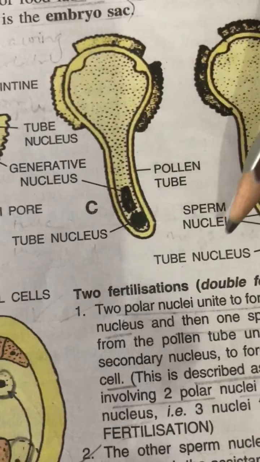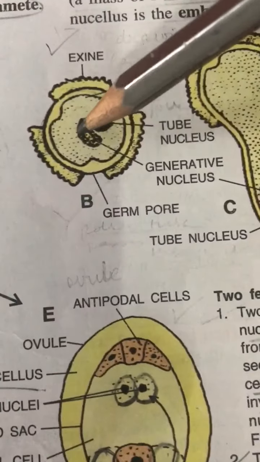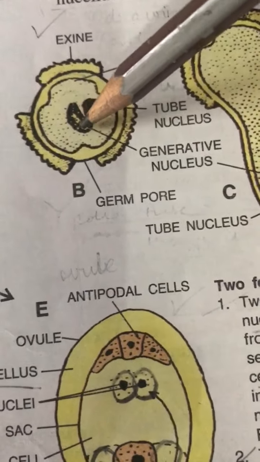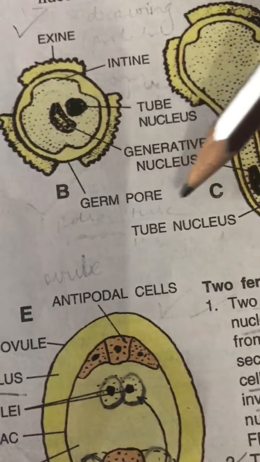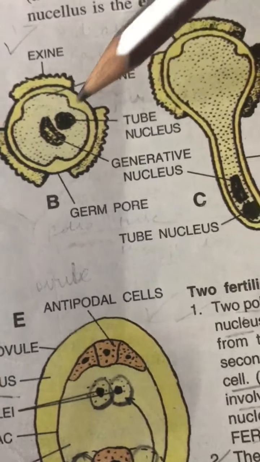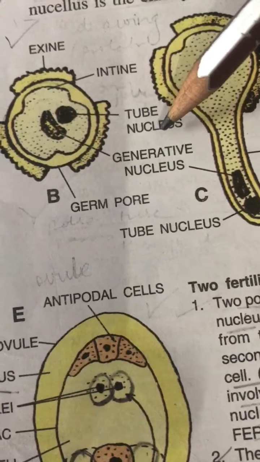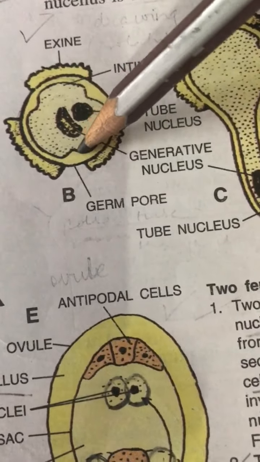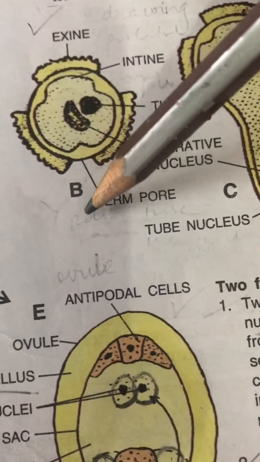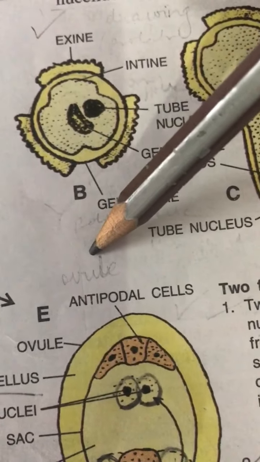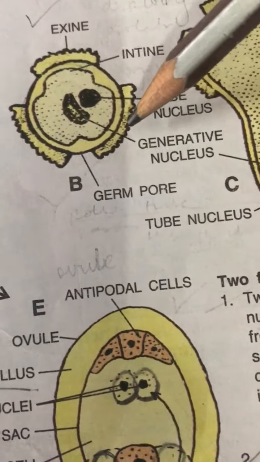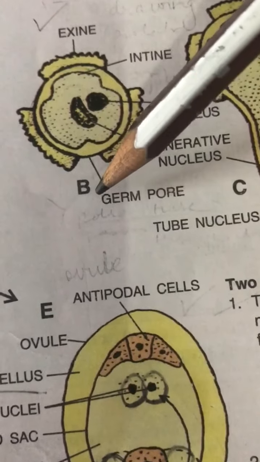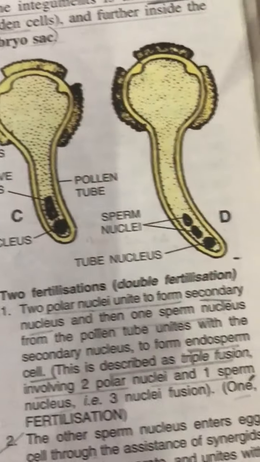So the two sperm nuclei or the two male gametes are actually formed by the splitting or division of generative nucleus, as the name says, to generate. And the pollen tube is formed by the tube nucleus. The pollen tube is nothing but the intine which comes out of the germ pore and grows long. Exine is the outer protective layer and intine protrudes out here and forms the pollen tube.